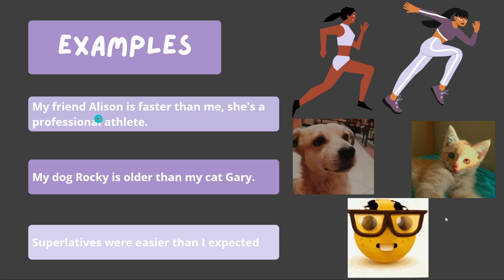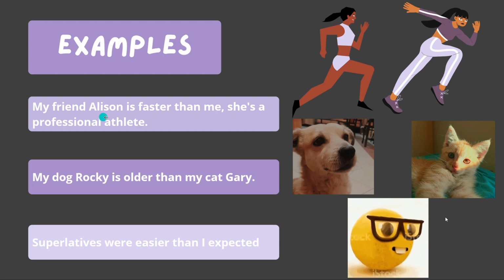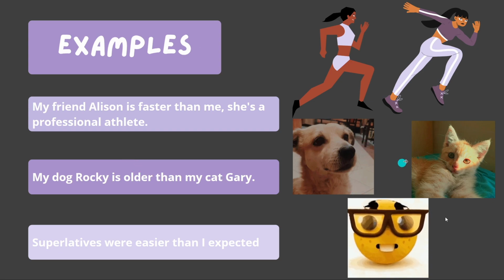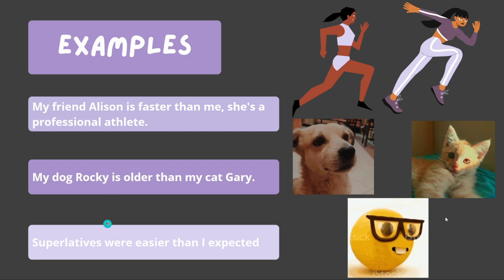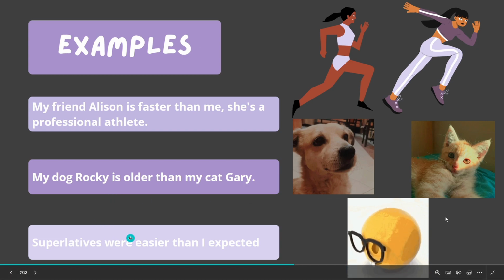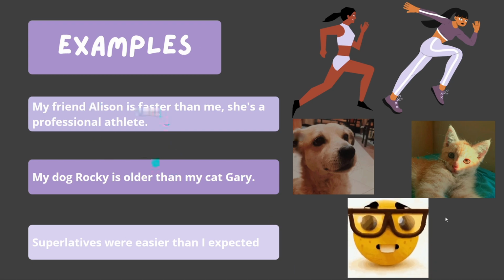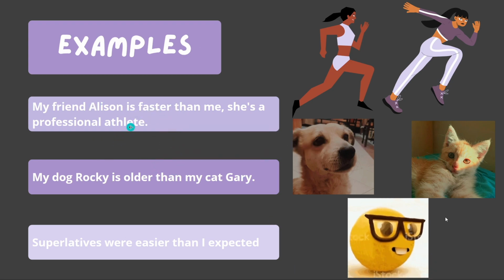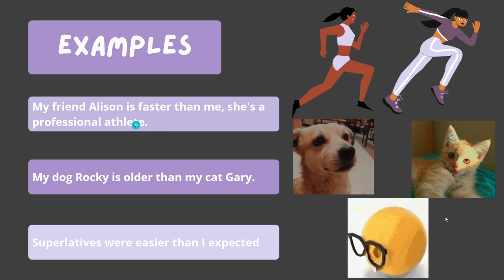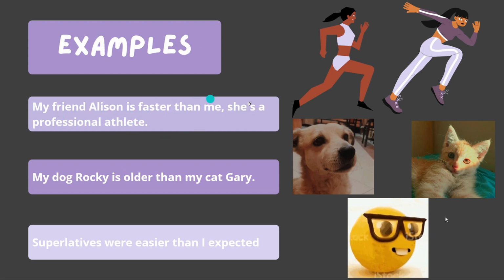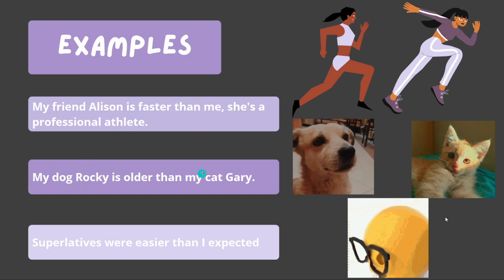My friend Allison is faster than me. She's a professional athlete. My dog Rocky is older than my cat Gary. Superlatives were easier than I expected. As you can see in the comparative, I'm only comparing two things, or two animals, for example, or two people, like my friend Allison and me, and my dog Rocky and my cat.